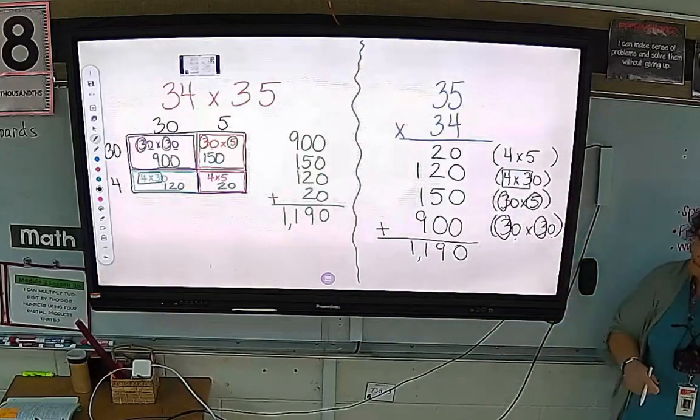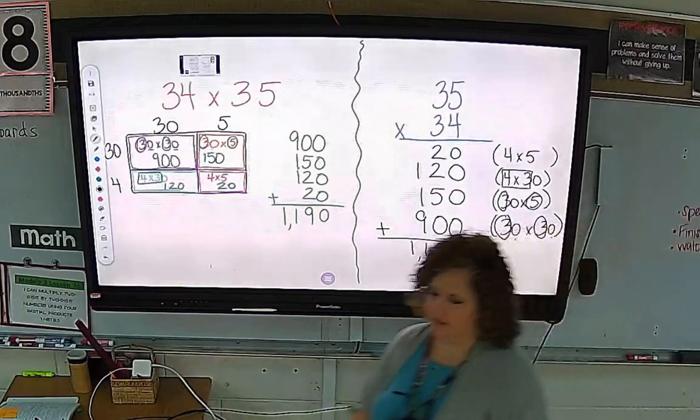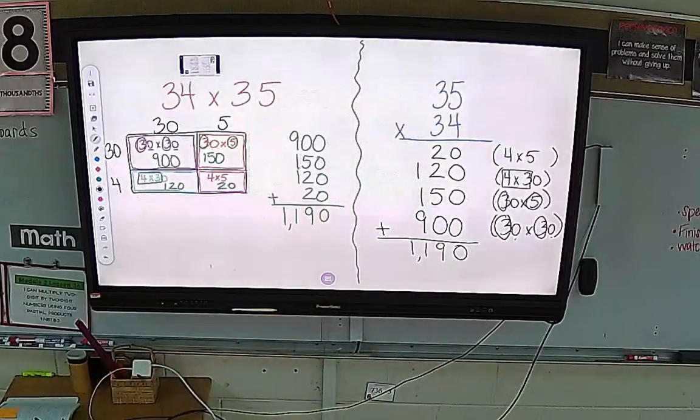Now, I want you to look at those 2 ways to do this, and I want you to tell me, is there anything similar? Is there anything different? What do you notice about those 2 ways to do this? Look at them carefully. Look at all the parts and pieces.